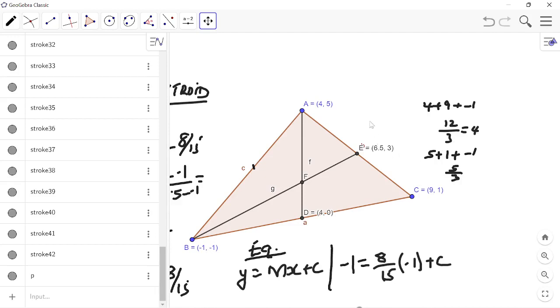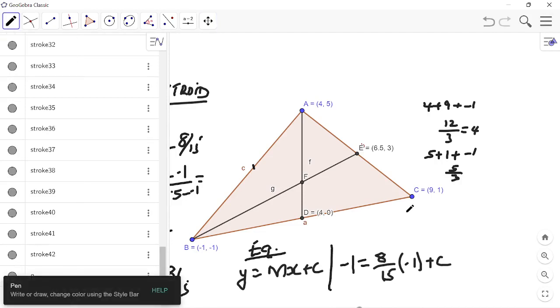And for the y coordinate, you can say 5 plus 1 plus negative 1. This is 6 minus 1, which is 5 over 3. So you get that x is 4 and y is 5 over 3. So a student can use calculation, and you can also use the investigative process. Depending on what you are doing and the criterion that you're handling, you can use various ways.